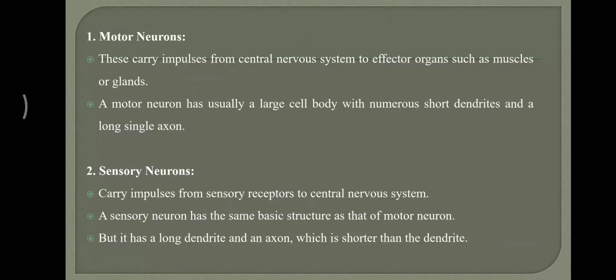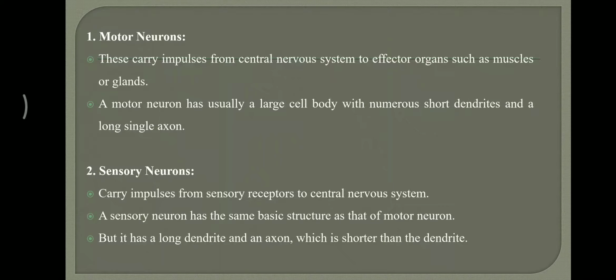So this is an example for multipolar neuron. It has a cell body with numerous short dendrites and a single long extension called axon. Okay, this is the structure of motor neuron. So motor neuron means they carry impulses from the central nervous system to the muscle or glands, effector organs.